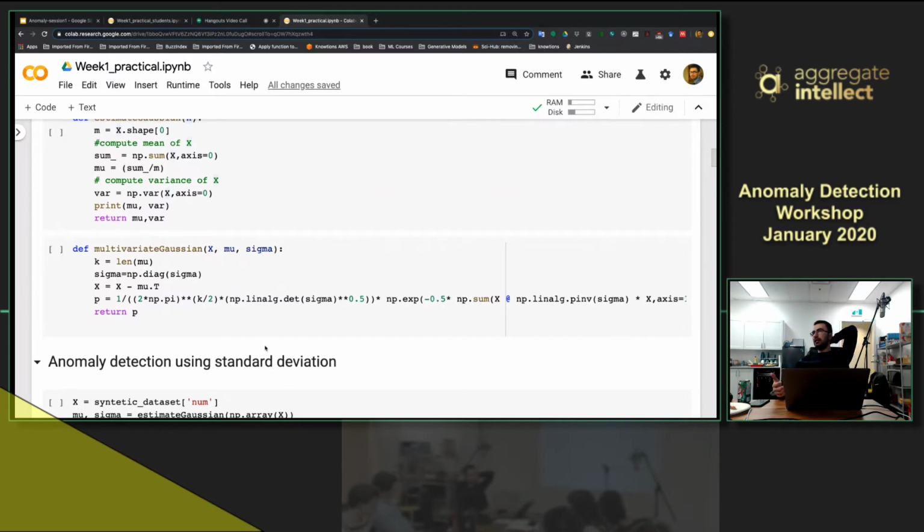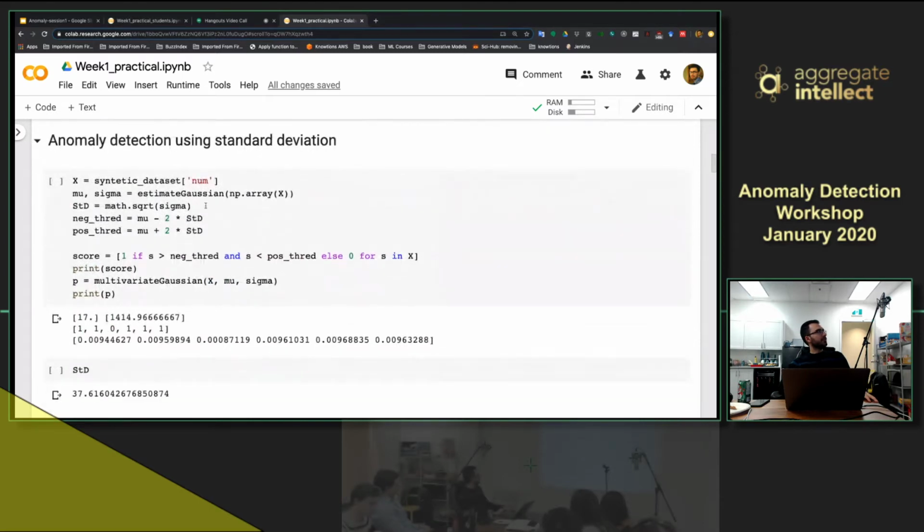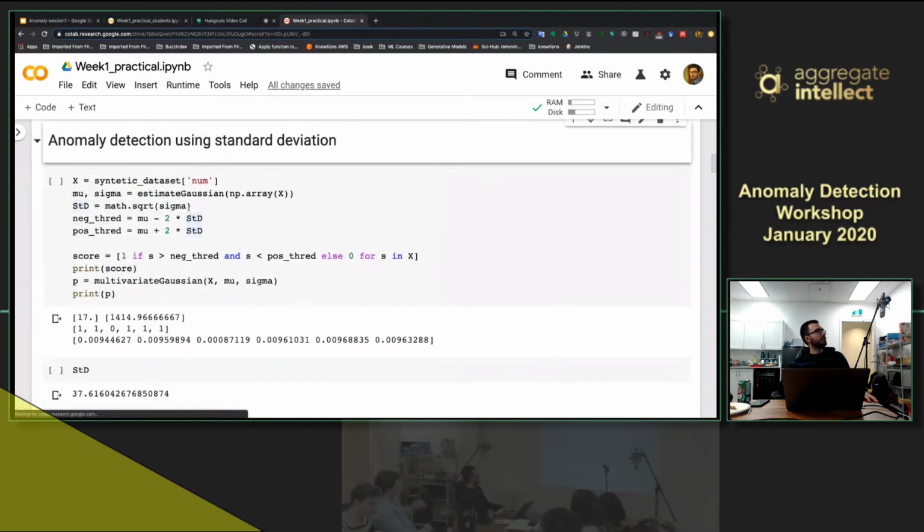If you have lots of outliers, then they can change the distribution and the standard deviation in a way that you might miss some of them. We'll try to see that, but first thing first, as I said, is just computing using the estimated Gaussian. You should be able to compute the mu and sigma, and then you can get the standard deviation.